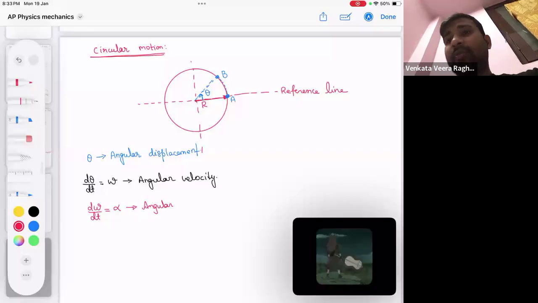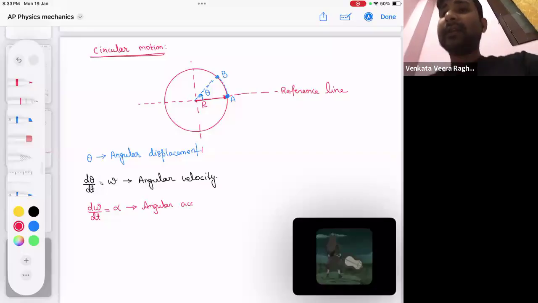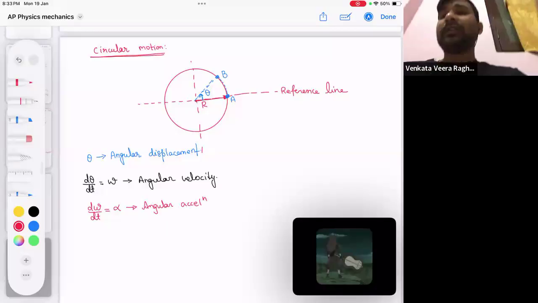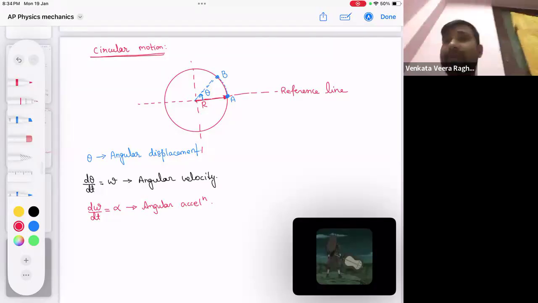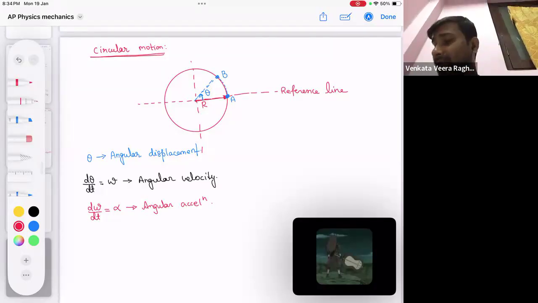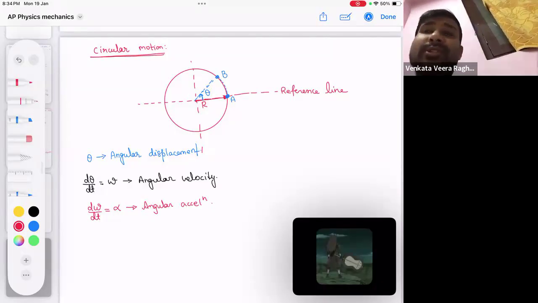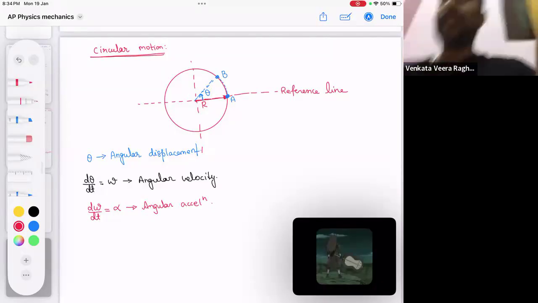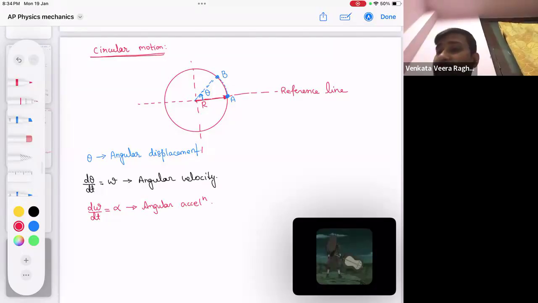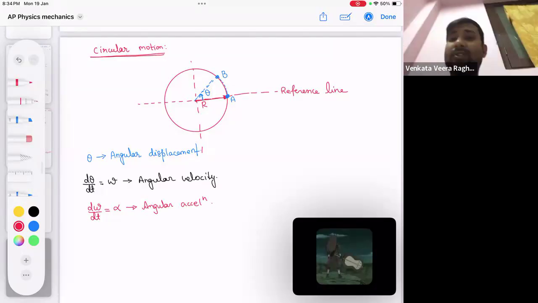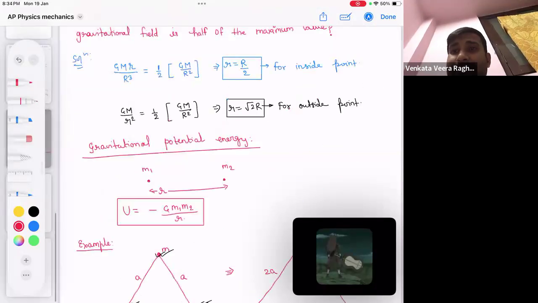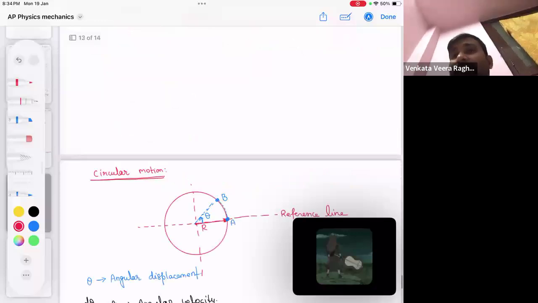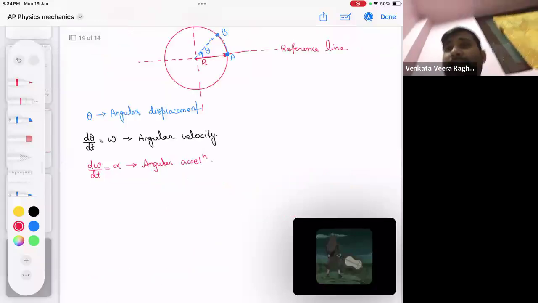Whatever linear variables we had when the particle was doing linear motion, now that the particle is doing circular motion, we have converted all those linear variables into angular variables. Understood? Clear? So this is called the angular acceleration.